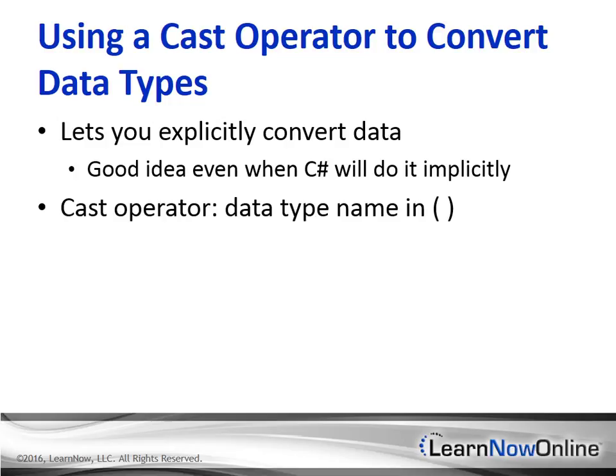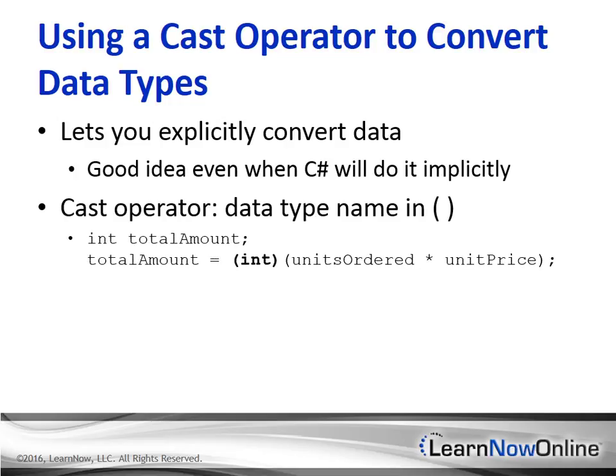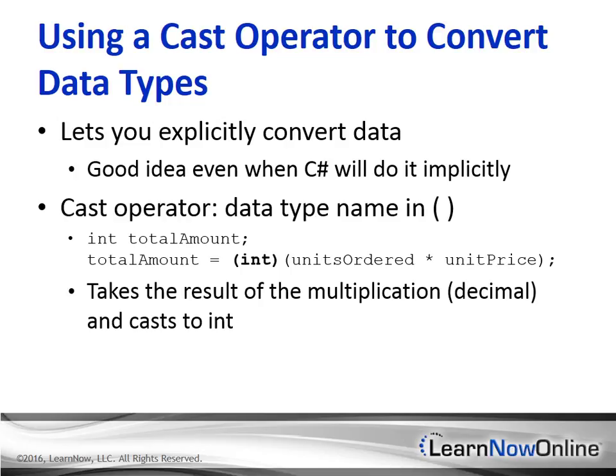So one example of that code that I showed you in the project of converting the type would be to include the cast operator, that's in bold, the integer in parentheses. So what this cast operator does in this case is it takes the result of the multiplication.